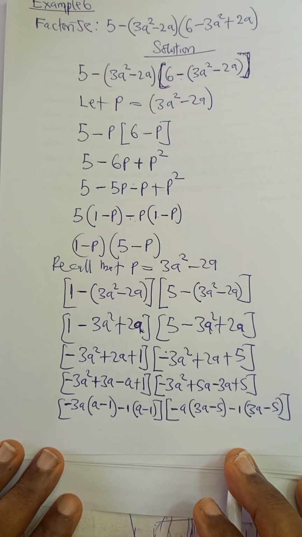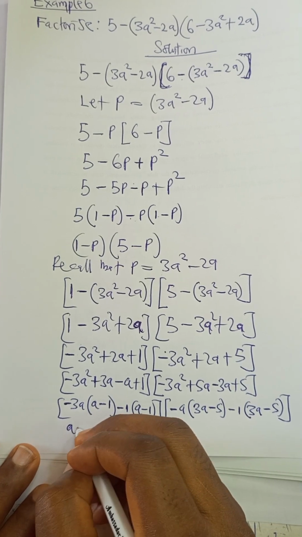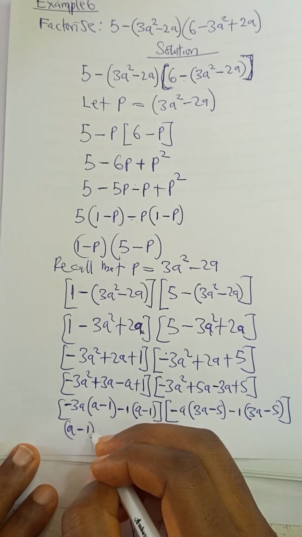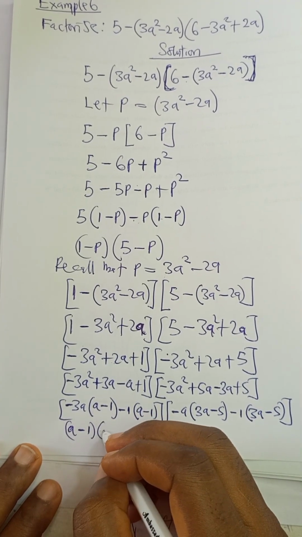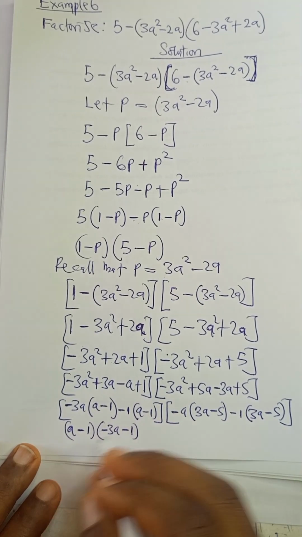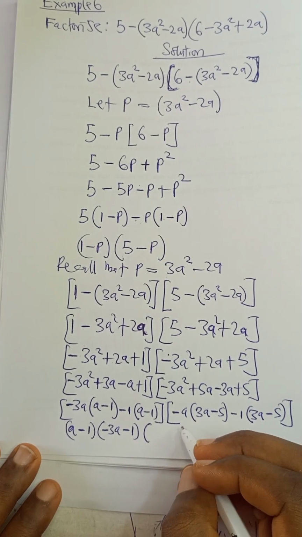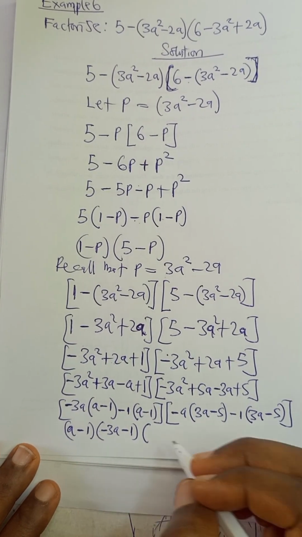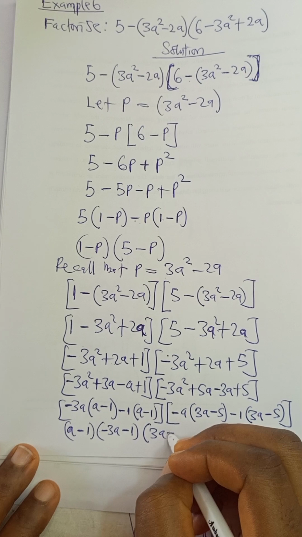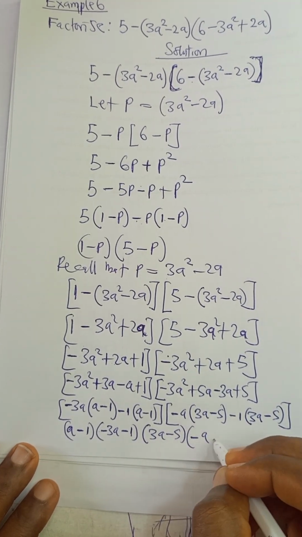So therefore, we conclude, if you pick what is common here, which is a minus 1, what will remain? It will remain minus 3a minus 1, which you can bring 1 minus out anyway. Bracket, what is common here is 3a minus 5. What will remain is what? Minus a minus 1.